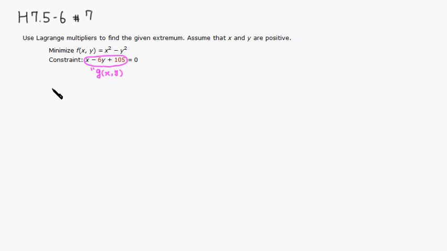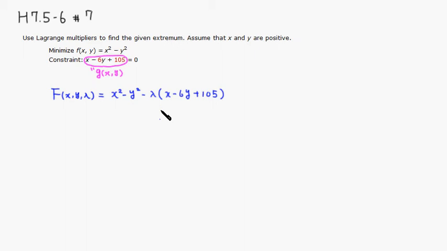So our capital F of x comma y comma lambda is equal to x squared minus y squared minus lambda times quantity x minus 6y plus 105.